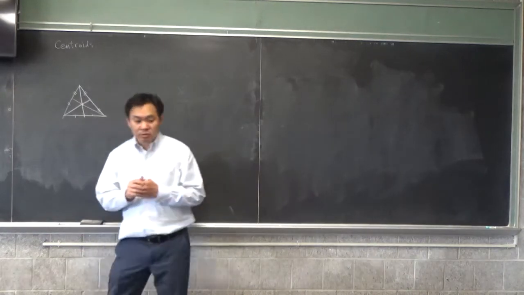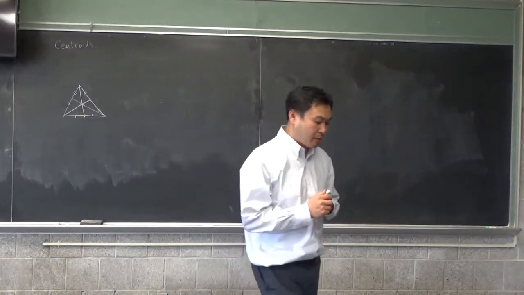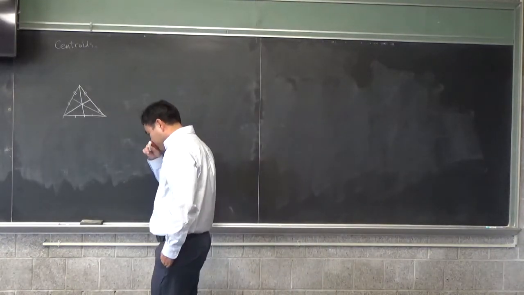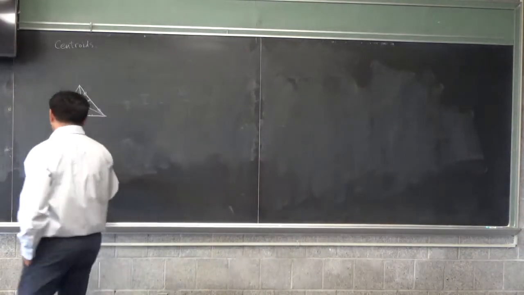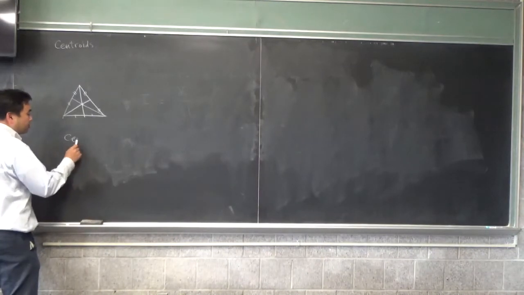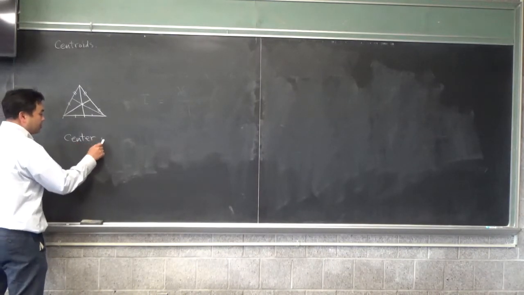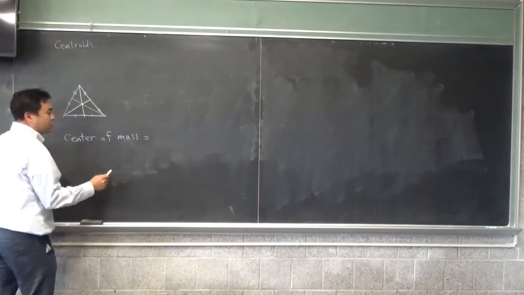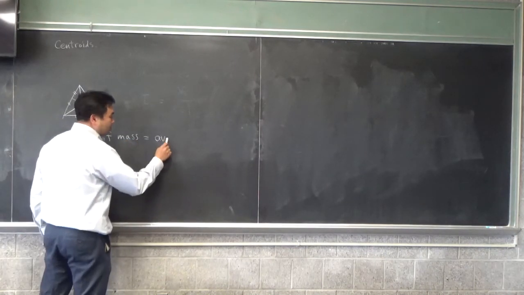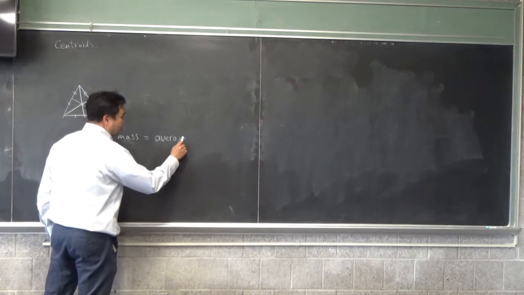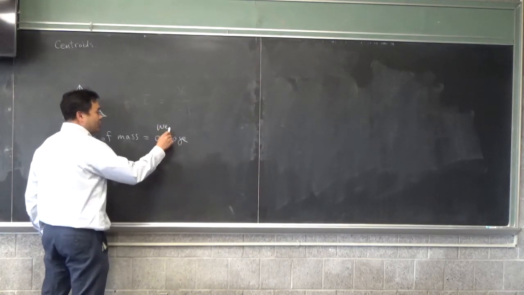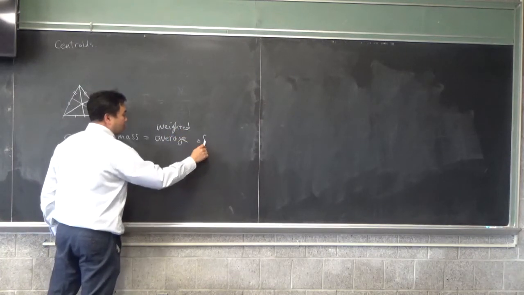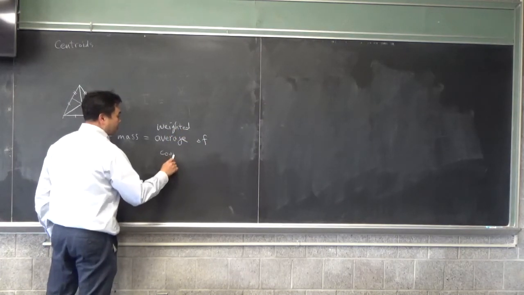Now, the second thing I want to talk about is the fact that center of mass is really the average, or actually weighted average, of coordinates.